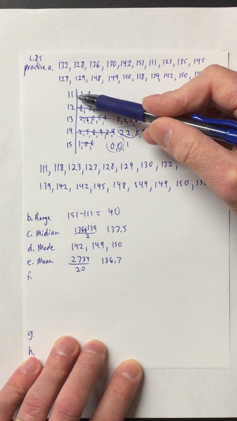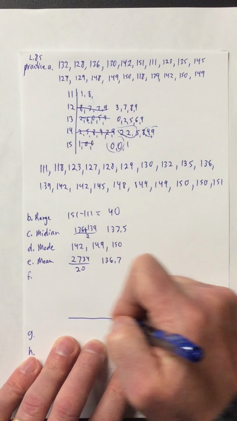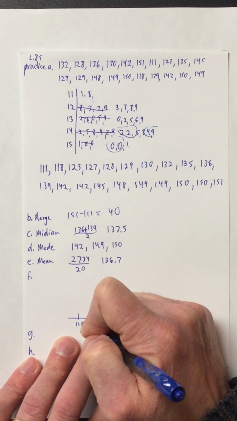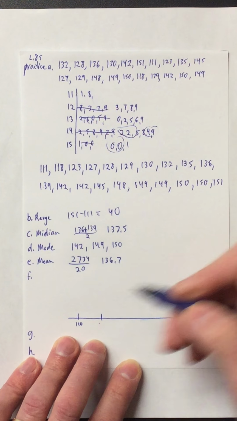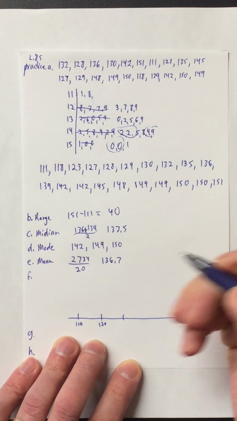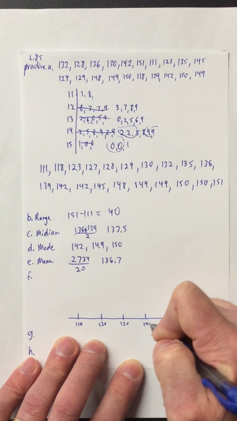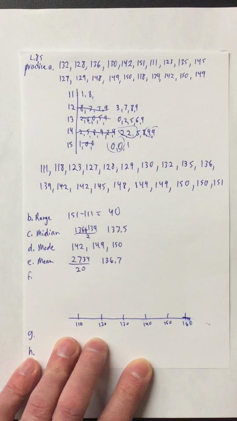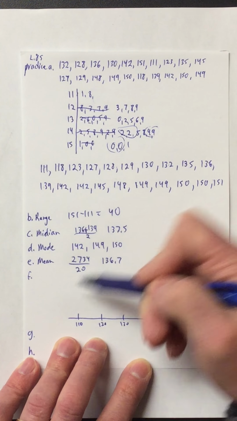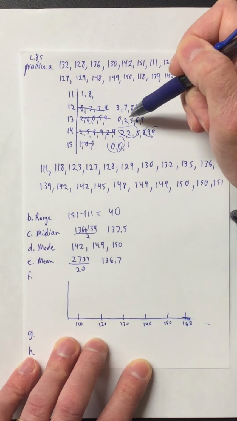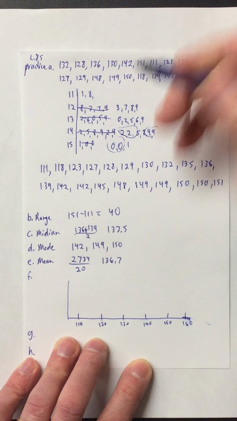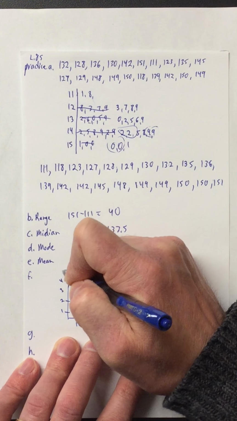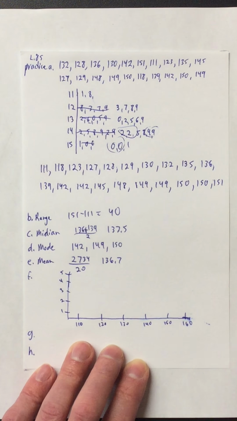If I go by tens across the bottom here, it looks like I'll start at 110, 120, going by tens, 130, 140, 150, and 160 to be able to get that last category in there. And then if I look in here, the most that shows up is 5 times, I believe. So I'll go 1, 2, 3, 4, and I'll go up to 5 for my histogram there.